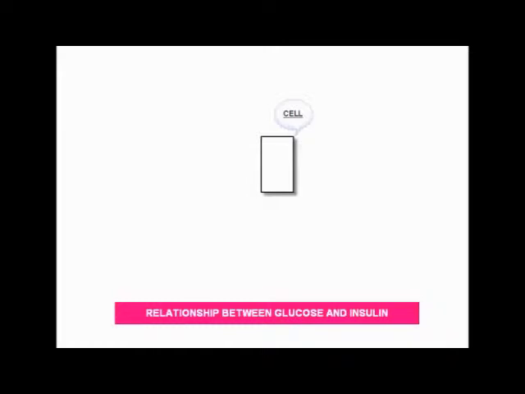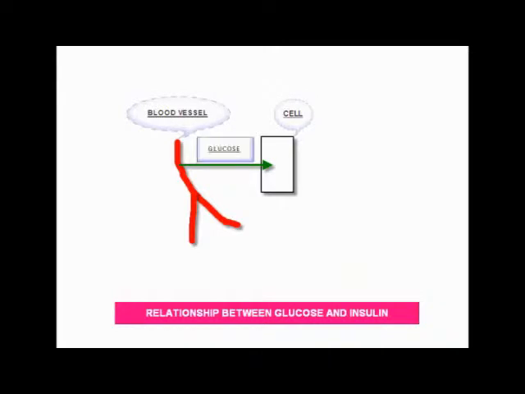This is a cell and this is a blood vessel which carries blood. The blood vessel has blood in it which has glucose in it. Now this glucose needs to go into the cell so that the cell can function properly.